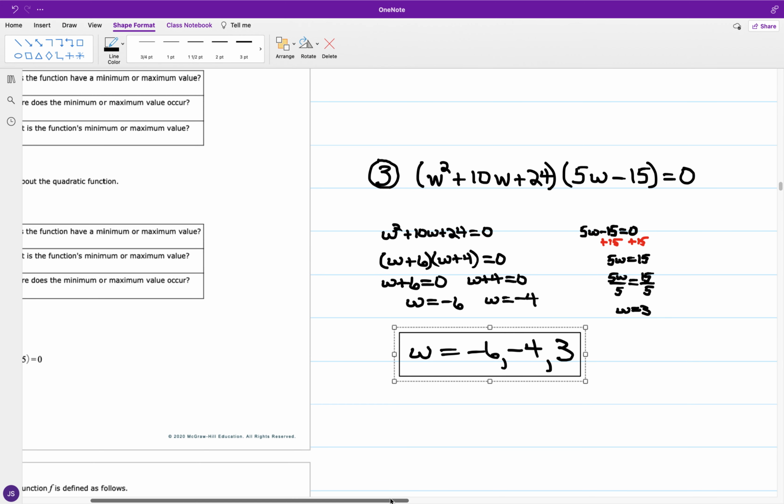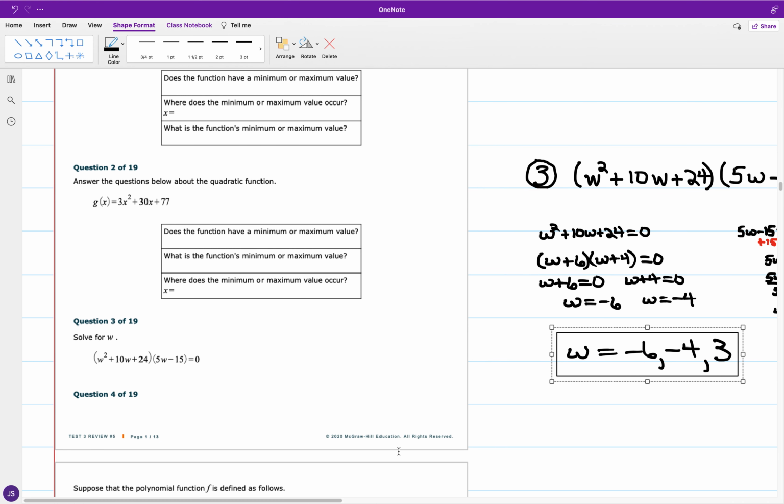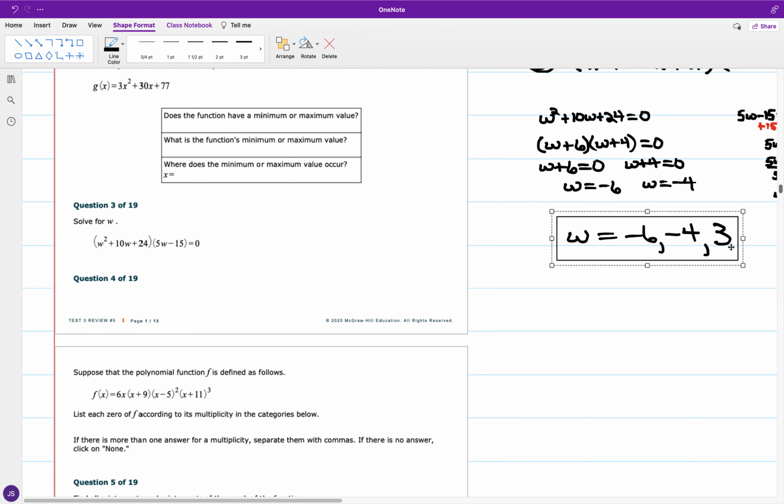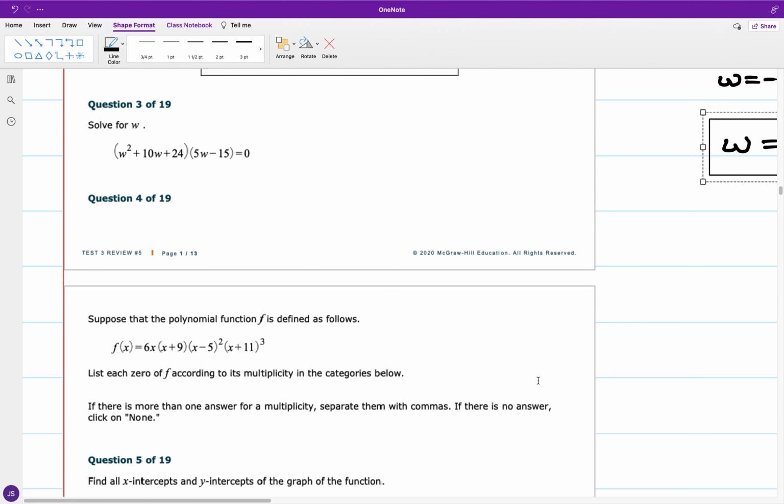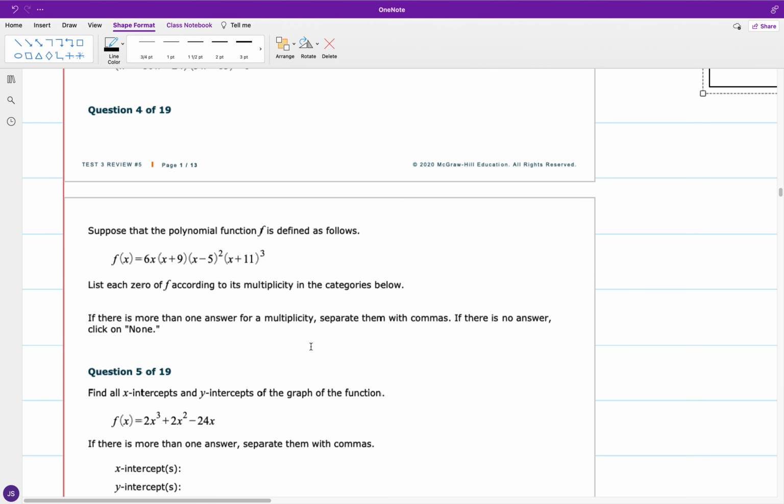Now, for what we have in the case of the next item, for number 4, it says that suppose that the polynomial function is defined as follows, and this function is laid out in factored form, and it says to list each 0 according to its multiplicities.